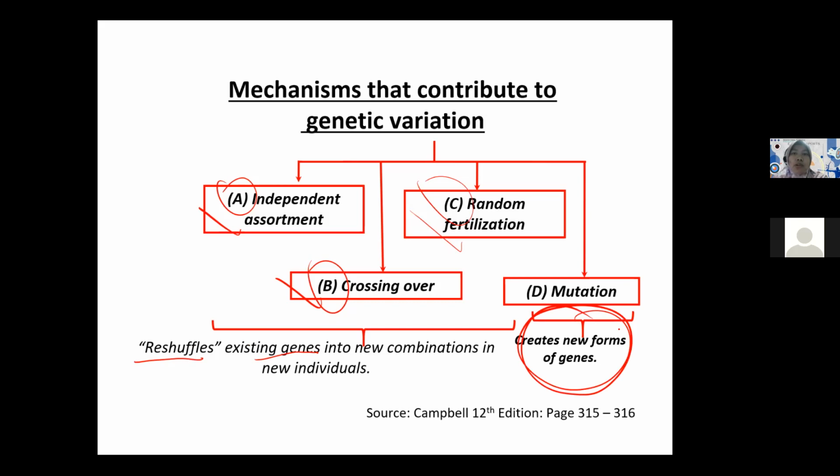Kalau mutation berlaku, kadang-kadang kita akan membentuk gene yang baru, kadang-kadang kita akan menghasilkan alteration, perubahan daripada segi kromosom dan sebagainya. Okay, so when we compare A, B, C and D, the effect of mutation is much more severe, much bigger.